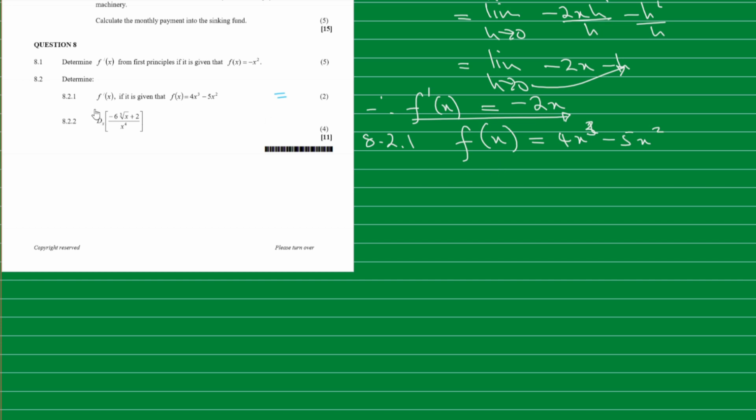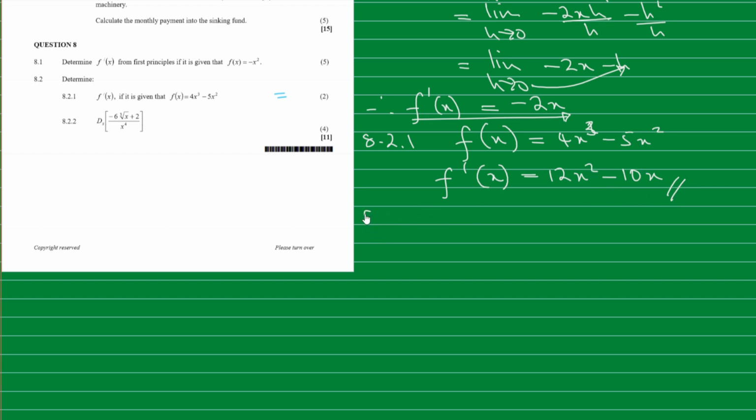So we are required to find the first derivative. Here we have to use the rules. You can see that is 2 marks, so there isn't that much here. You just apply the rules, which is: multiply 3 by 4, that will be 12x squared minus 10x. That will give us our final answer to that.